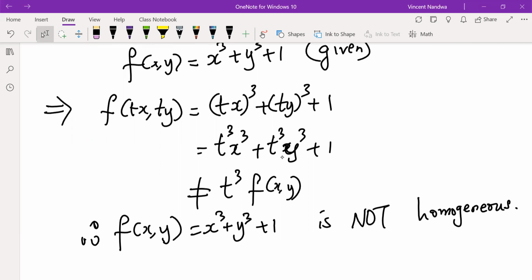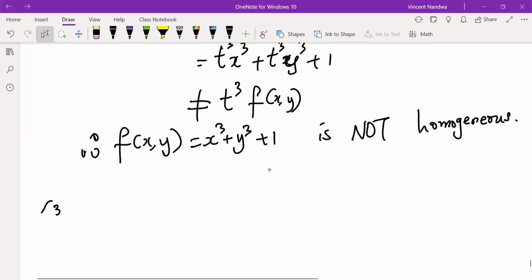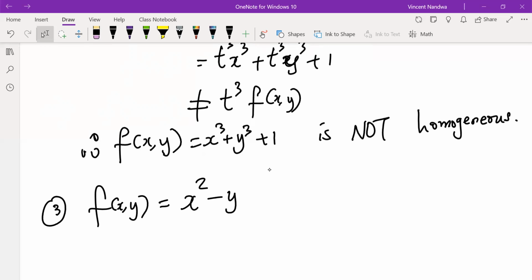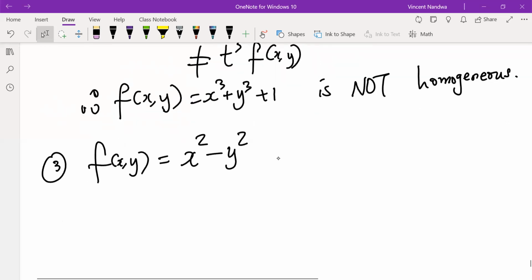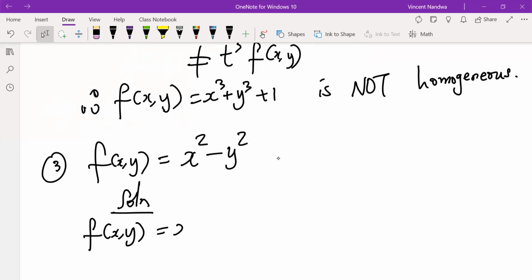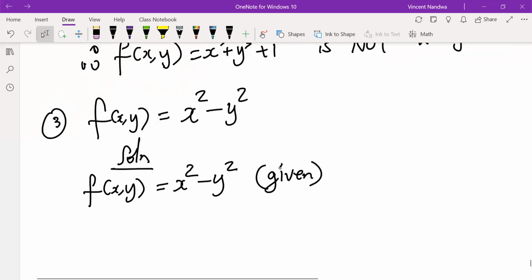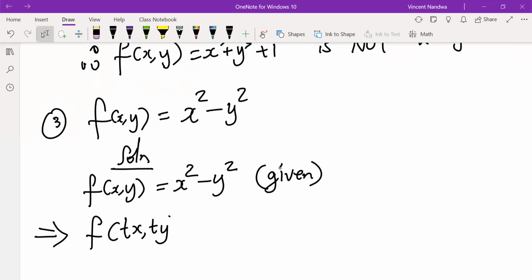Another example, let f of x, y be x squared minus y squared. Now, f of xy is x power 2 minus y power 2 is the given function. This follows that f of tx, ty will be tx power 2 minus ty power 2.